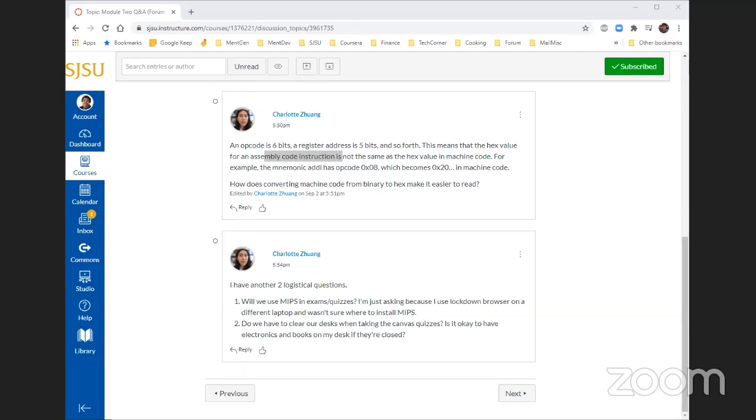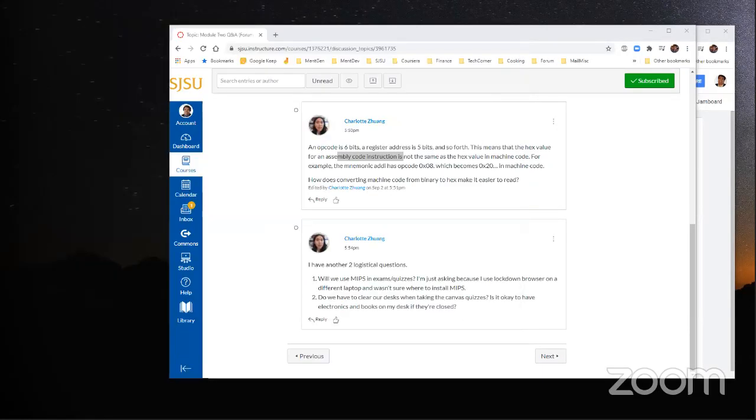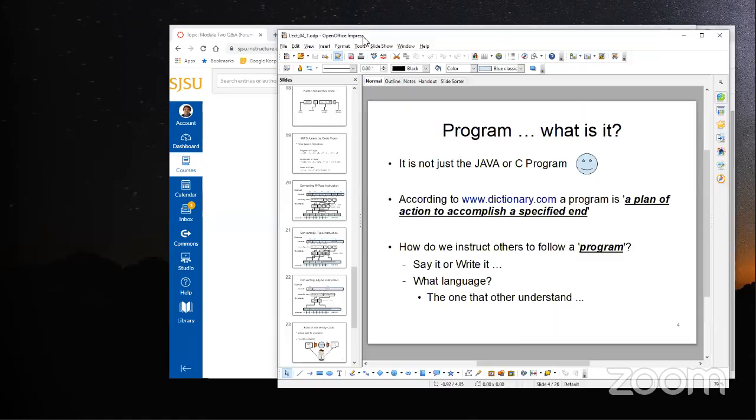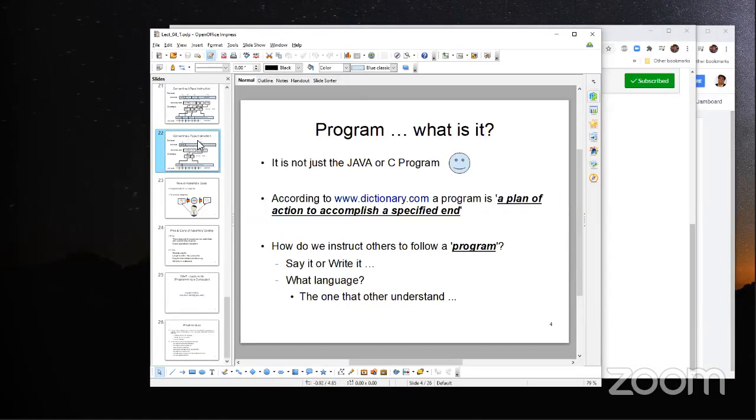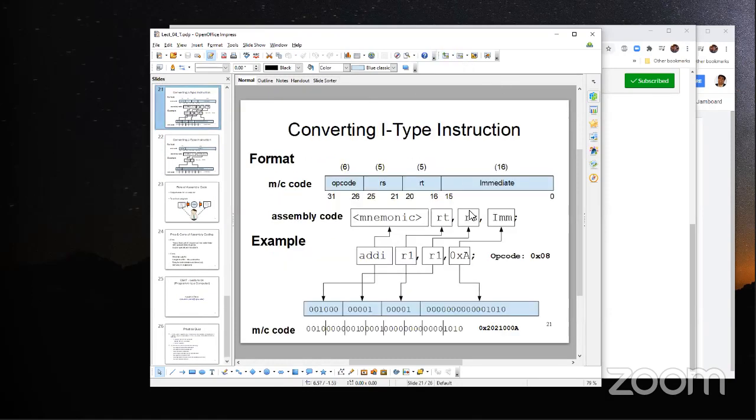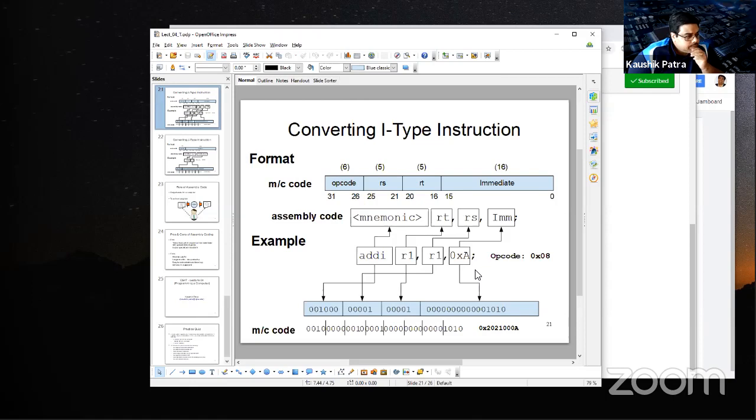Since it's an I type operation, in lecture 4 we are talking about, so it is 8.